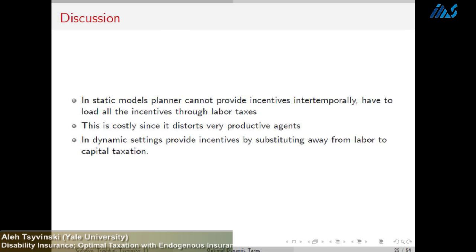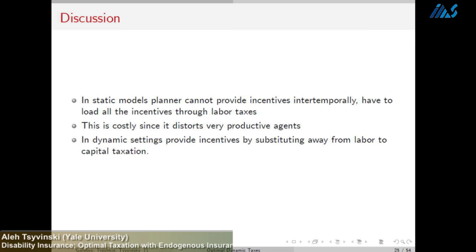So let me maybe just summarize it somewhat imprecisely, but quickly. There are roughly two ways to provide incentives. One, in the static setting, the only thing you can do is just hammer people with the labor income tax. That's the only thing that helps them provide incentives.